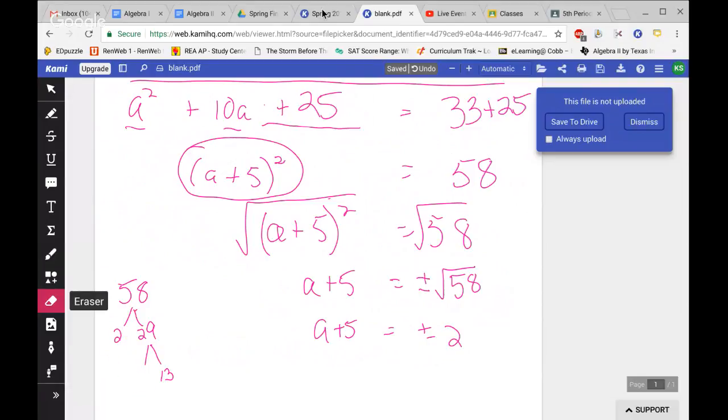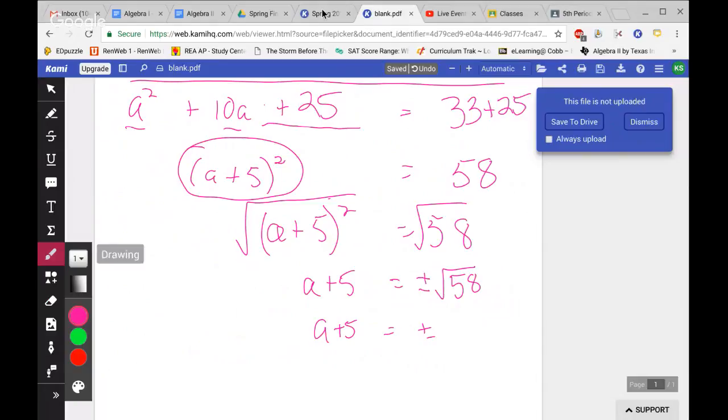I was just thinking it was. Okay, so it looks like it's just going to be plus or minus the square root of 58.